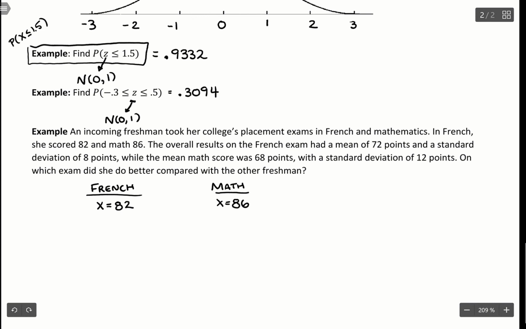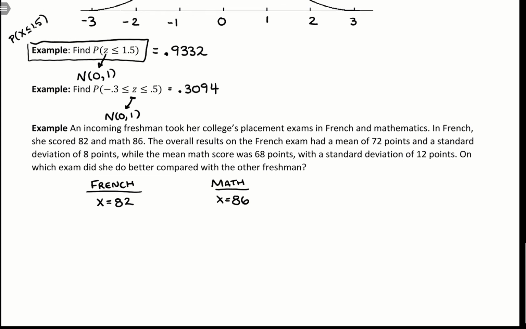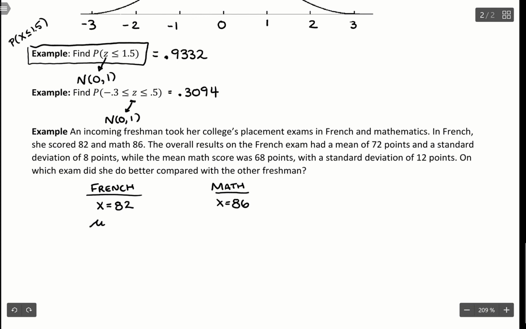And that gives us information about how other students did, their average and their standard deviation. So on average for the French exam, they expected a score of 72, and standard deviation 8. And for the math exam, there's an expected value of 68 and standard deviation of 12.